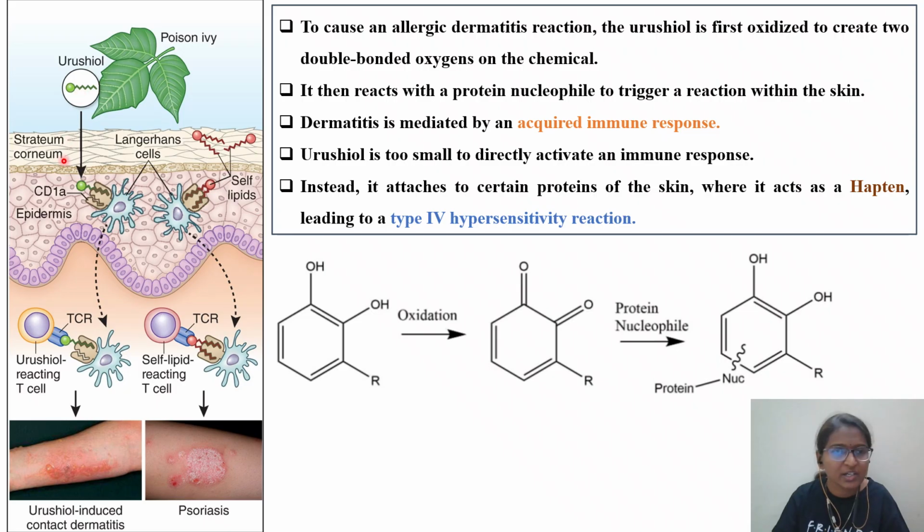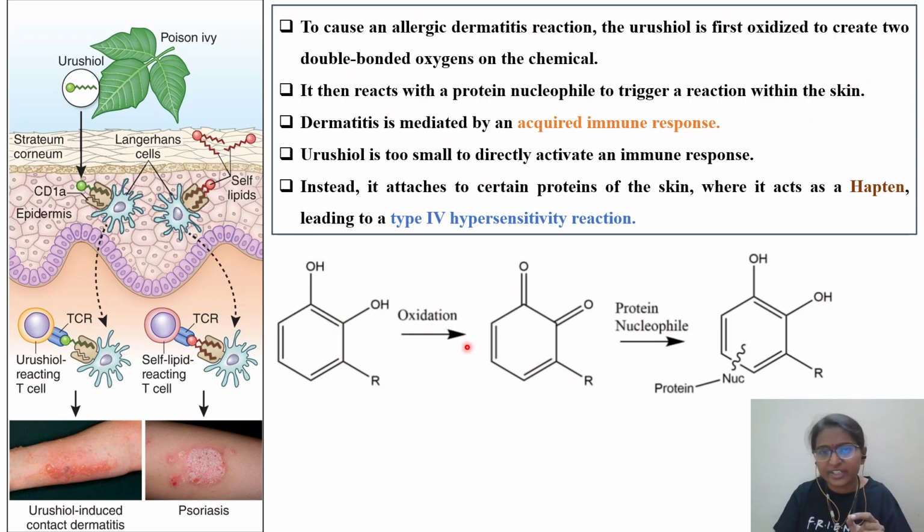Poison ivy, another diagrammatic representation is given. Here you can see T cell activation, and you can see artiol-induced contact dermatitis and psoriasis. And the chemistry behind it is that, to cause an allergic dermatitic reaction, artiol, this is the basic structure of artiol. You can remember it as a benzene with two OH groups, a phenol catechol type of structure, no?